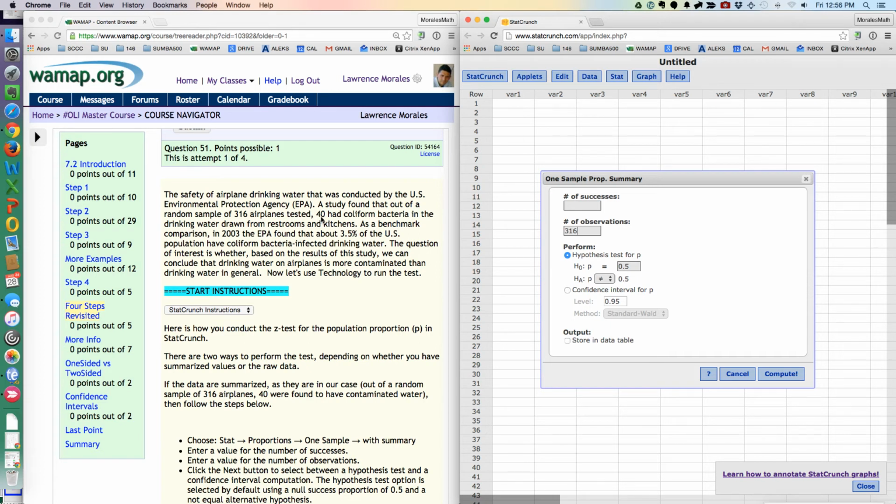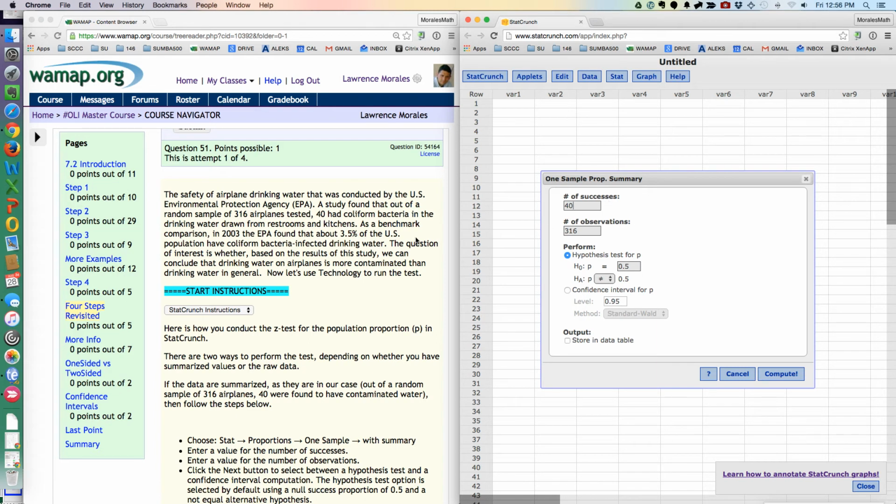So the number of planes where there was contamination is 40, and therefore that corresponds to a success in this situation. So 40 out of 316 are contaminated. So success here is interpreted weirdly. Success is contamination, which is a bit odd, but keep in mind that the word success is a very general term that we use here.